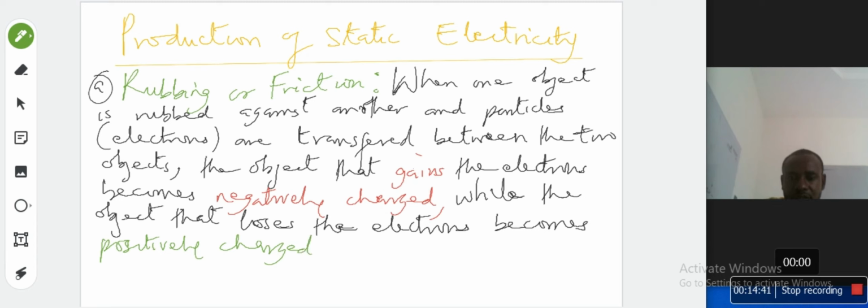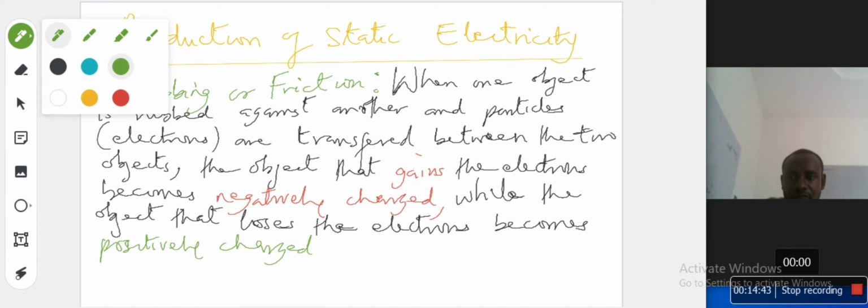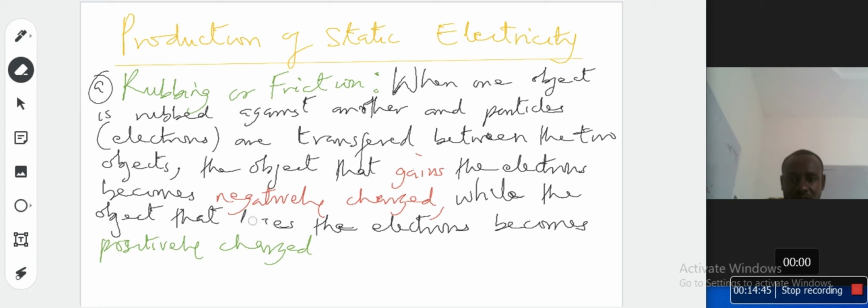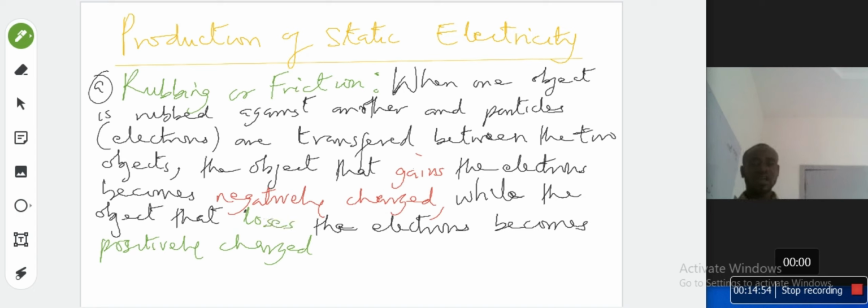All right. That's for the one that loses the electrons. So loss of electrons makes an object become positively charged. Gain of electrons makes an object become negatively charged.